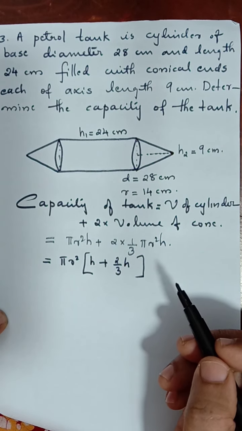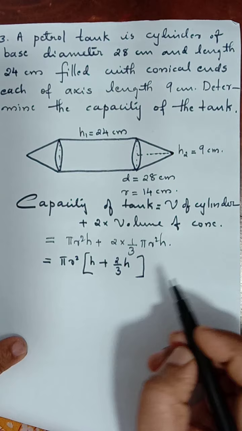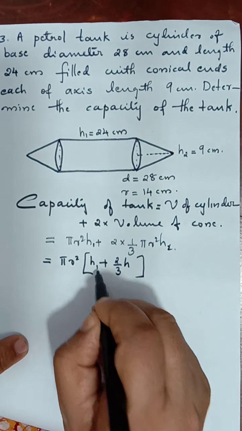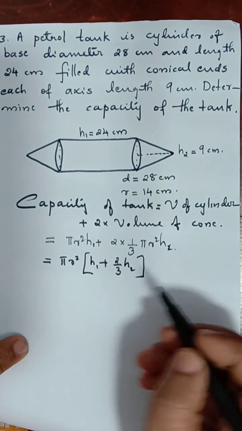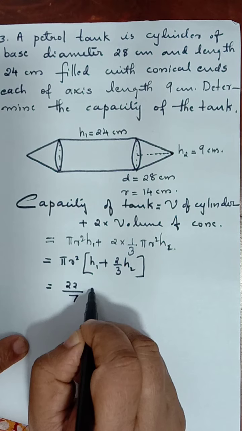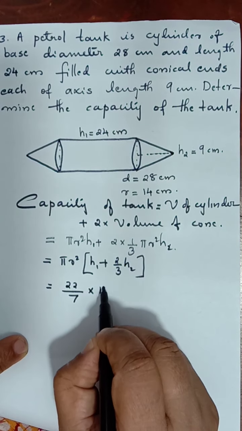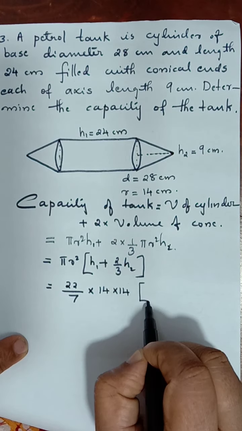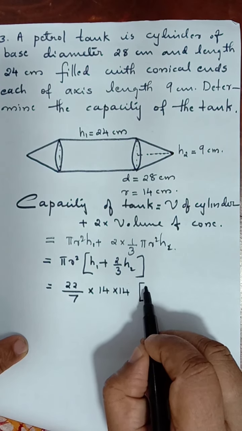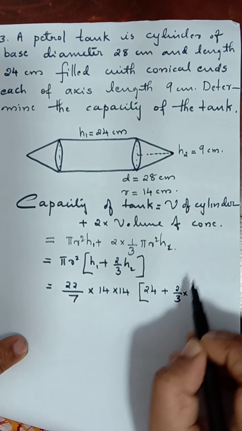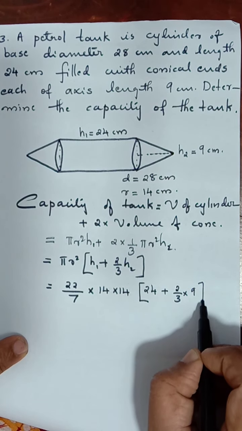Okay. So these h are different. Here it is h1 and this is h2. Pi value we consider as 22 by 7. Radius is 14, radius square, so it is 14 into 14. h1 we have 24 plus 2 by 3 into h2 is 9.